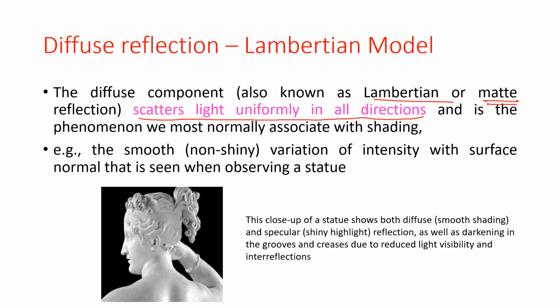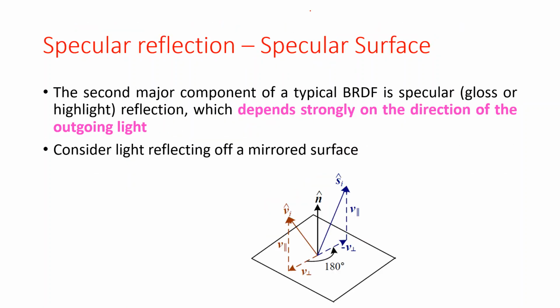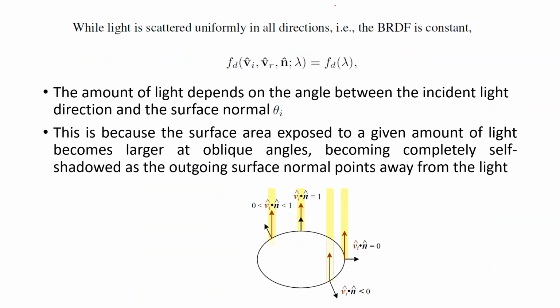Generally, diffuse reflection is more suitable to reflect light on a rough surface. In case of specular reflection, we deal with a smooth surface. So, for a rough surface, the surface is not smooth.